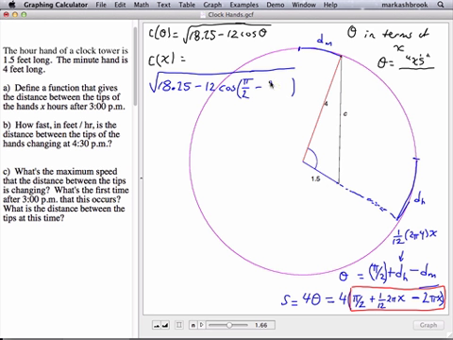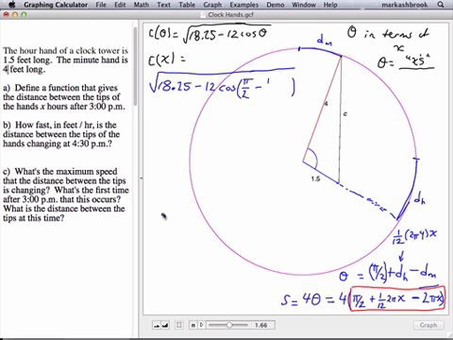Check my math. 2 pi over 12 is pi over 6, minus 2 pi is 12 pi over 6.